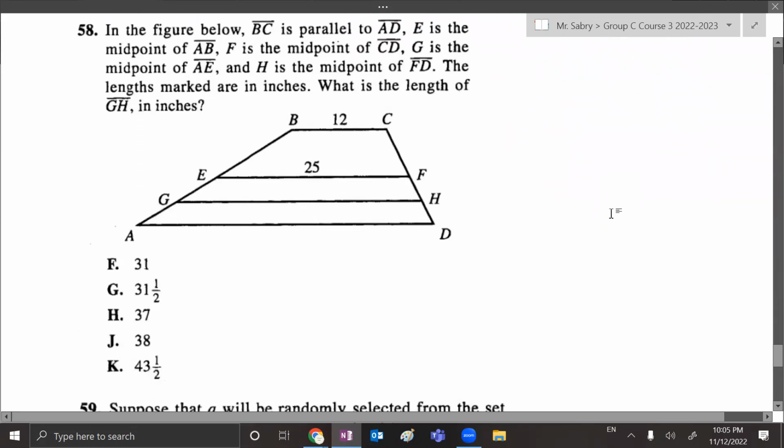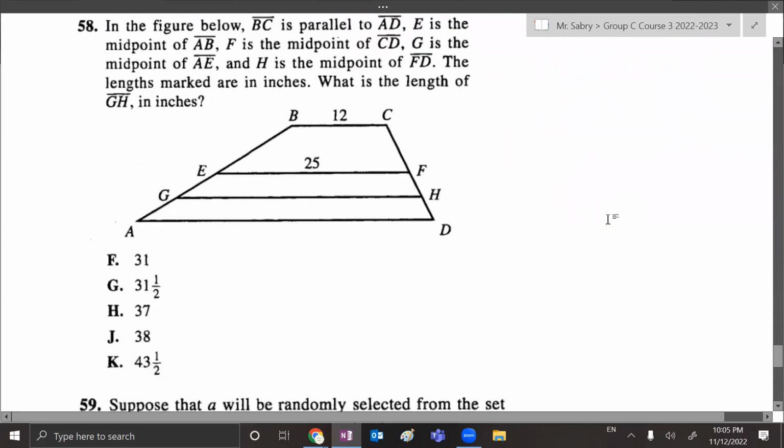Good. 58. In the figure below, BC is parallel to the other side. E is the midpoint of AB. So this E is the midpoint of AB, which means that this region, EB, is equal to this region, EA. F is the midpoint of CD, so the same thing is happening here. This is equivalent to this.